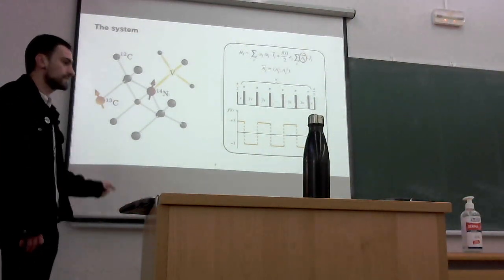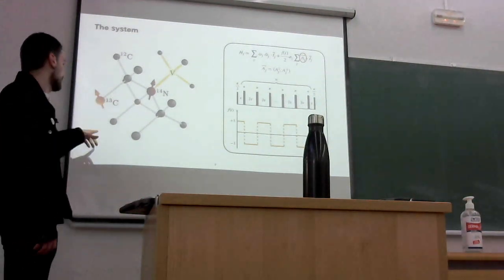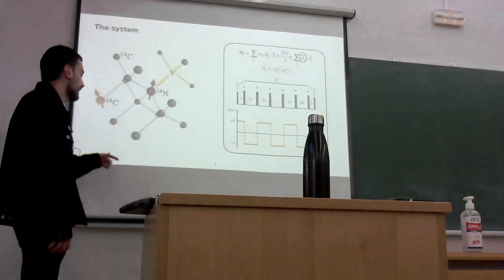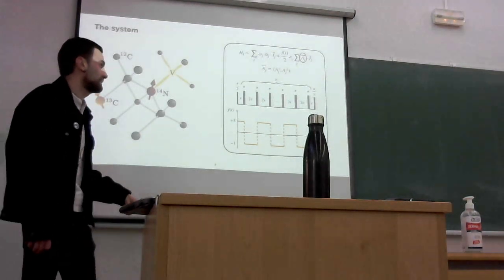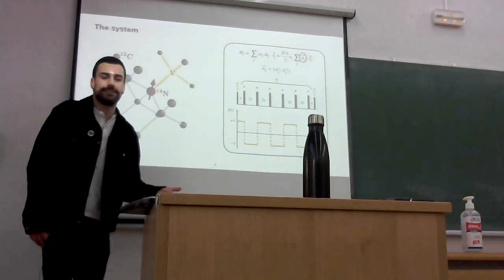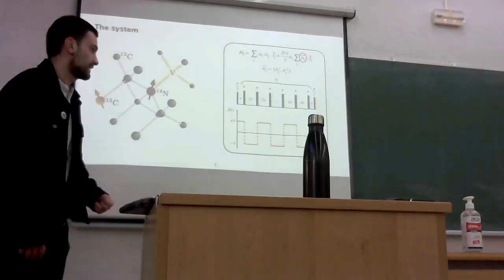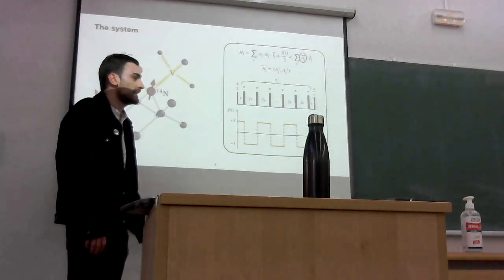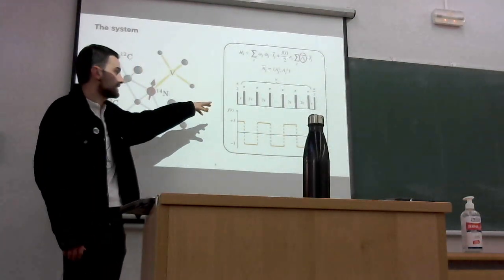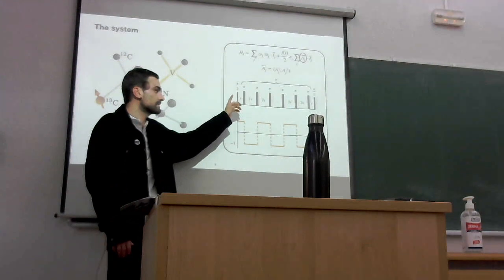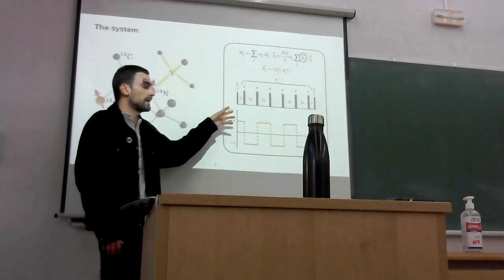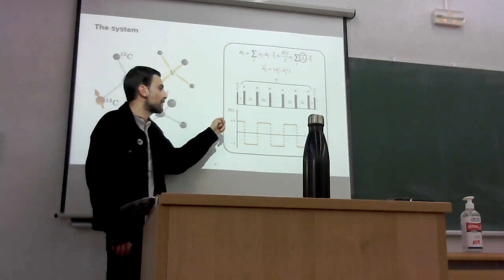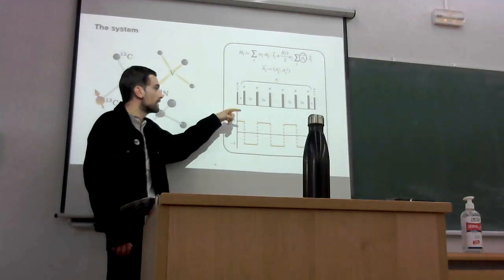So these nuclei have a spin due to having this extra neutron, and we can detect them using NV sensors. So here is the Hamiltonian that represents this system after applying a pulse sequence similar to what we see right here, which is a simple sequence composed of n pi pulses.